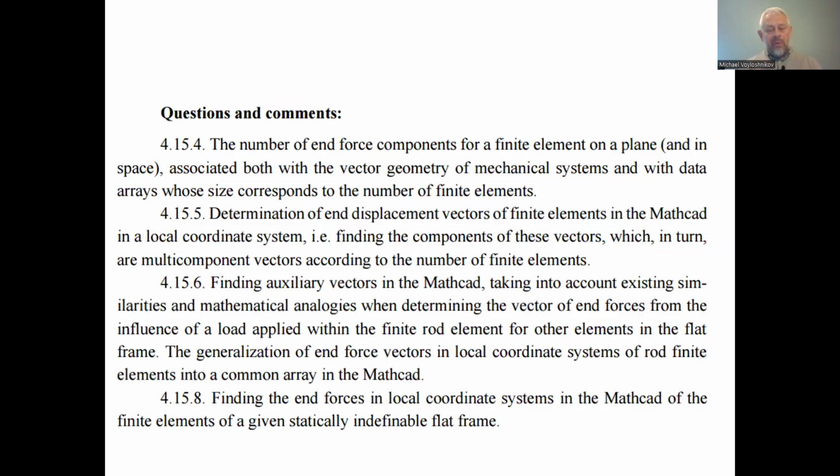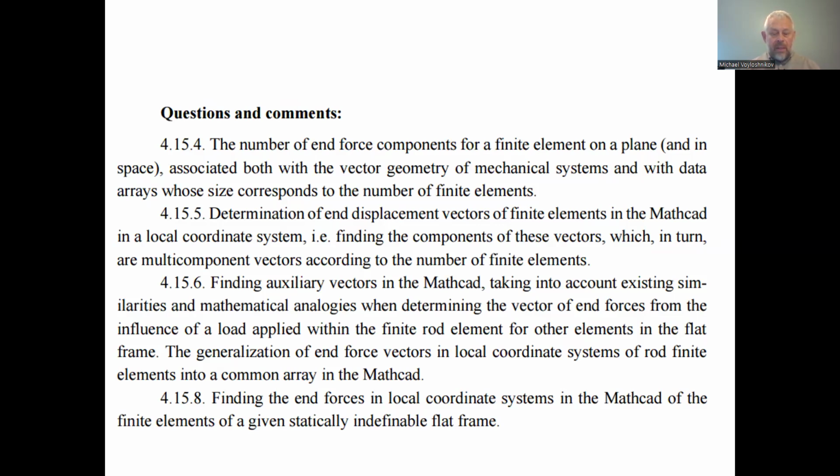4.15.4 The number of end force components for a finite element on a plane and in space is associated both with the vector geometry of the mechanical system and with data arrays whose size corresponds to the number of finite elements.